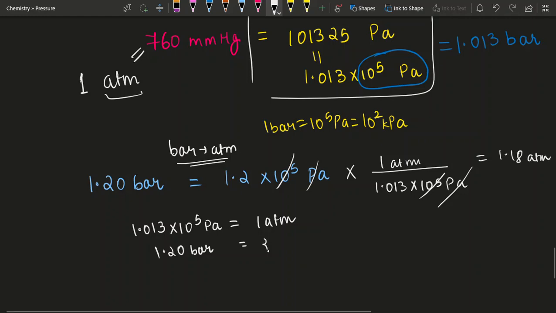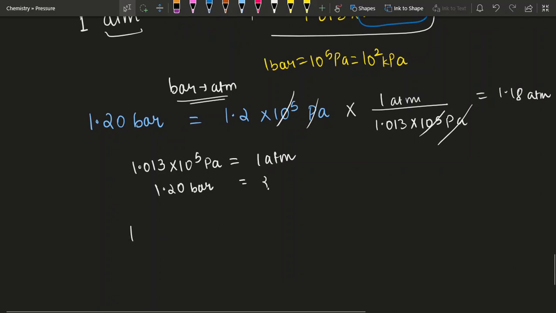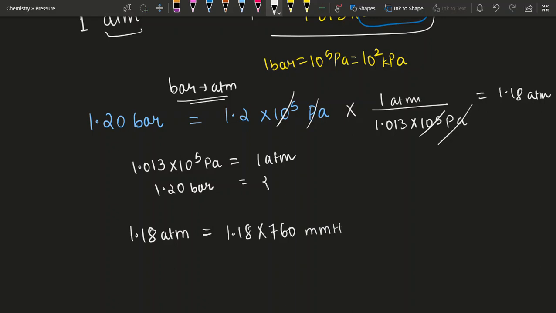Now, if you want to convert this 1.18 ATM into mmHg, we know that 1 ATM equals 760 mmHg, so 1.18 ATM would be equal to 1.18 into 760 mmHg, the product of the two, and that's roughly equal to 900 mmHg, or 9 into 10 to the power 2 mmHg.